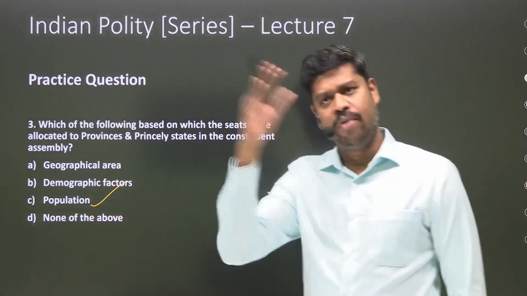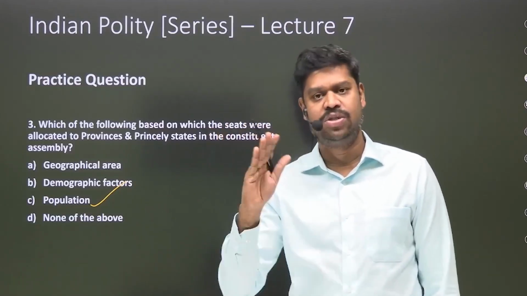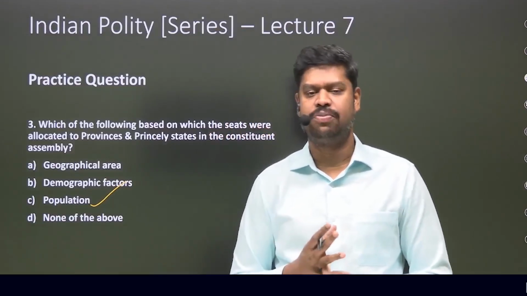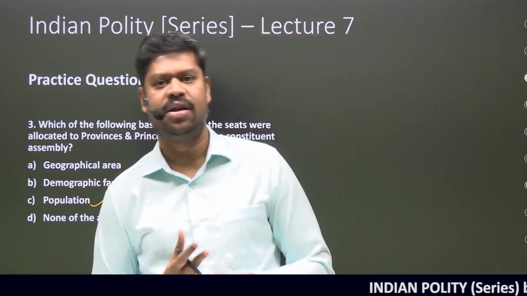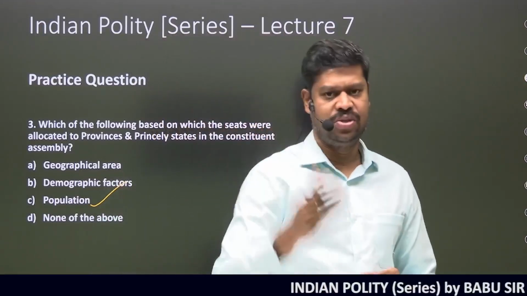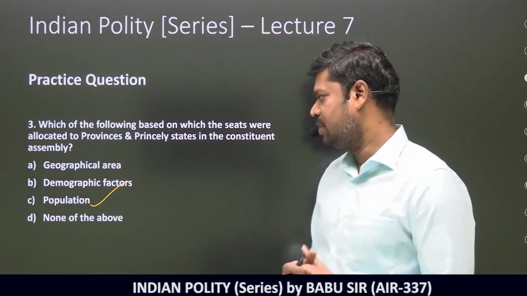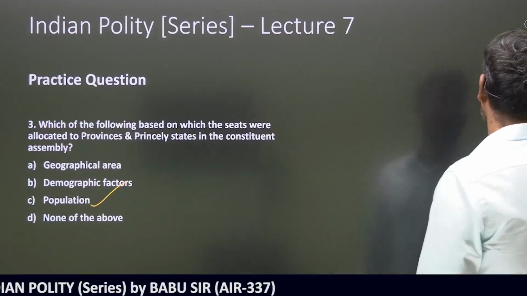And we know that overall there were 389 members as a part of the Constituent Assembly in the original design, of which 292 were given to the British provinces, 93 to the princely states, and then another 4 seats were given to the commissioner provinces. So the right answer in this particular case is option C, that is population.